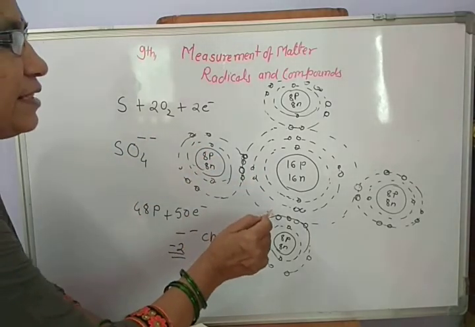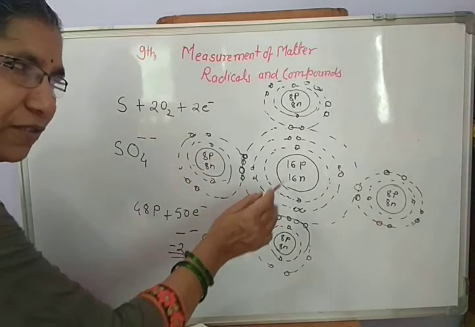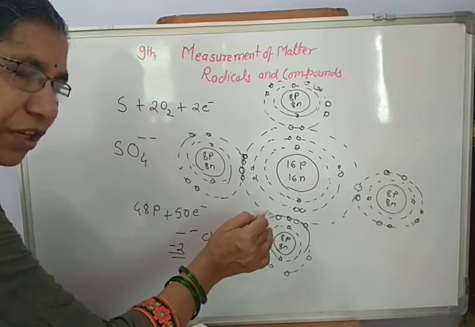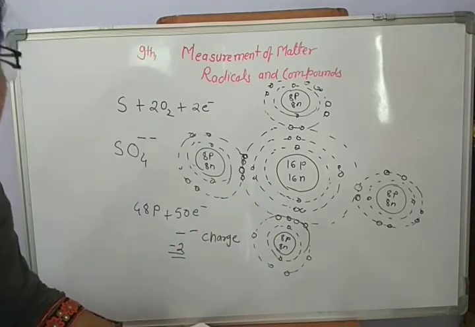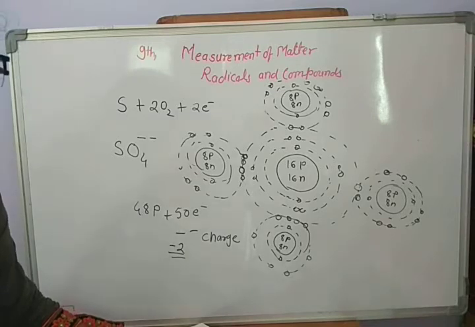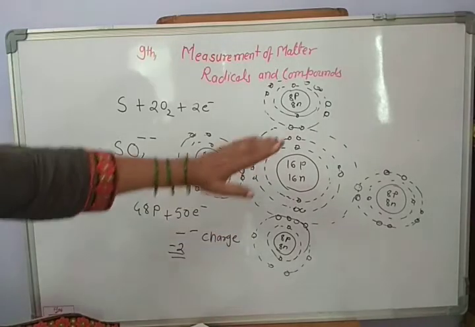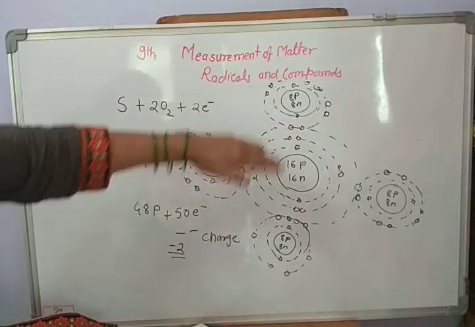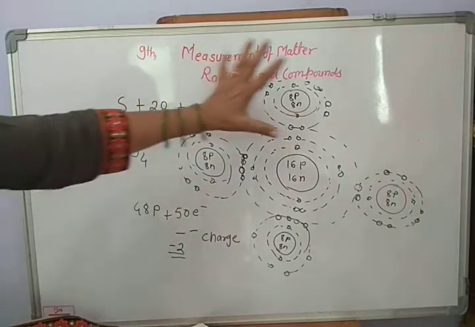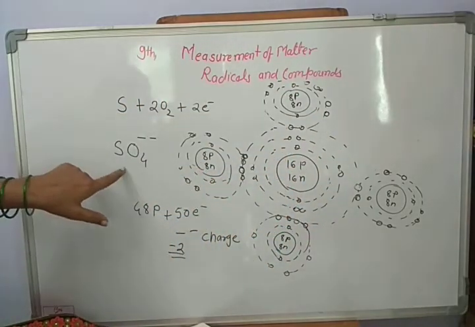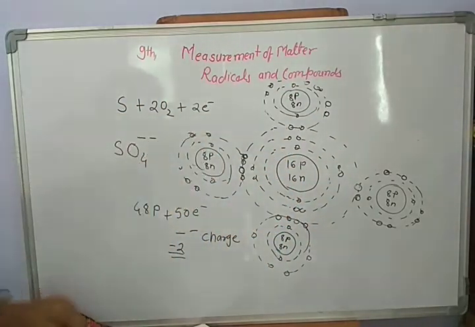Because this is the third orbit of sulfur: 1, 2, 3. And the third orbit can accommodate 18 electrons also. And therefore this is extended octet. And because of that, this all is the SO4 double minus radical.